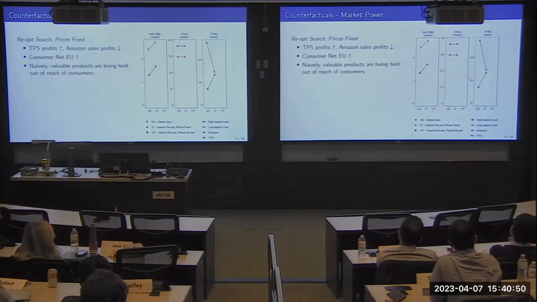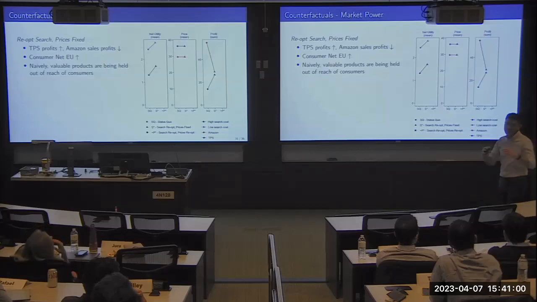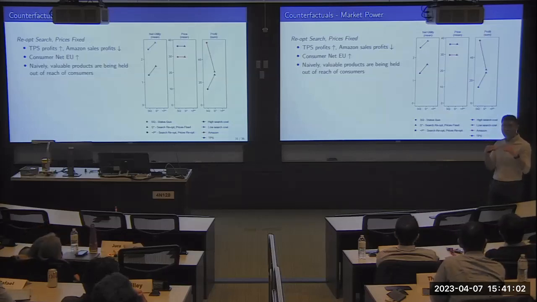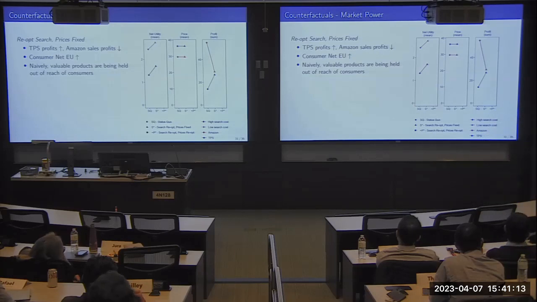But if you concluded at this point that this particular arrangement is good, that would lead to an incorrect conclusion. What's happening here is if we take a product at the bottom of the search results sold by these third-party sellers, bring it up, and fix its price, consumers would really like that. So there are products there at their current prices that consumers want.